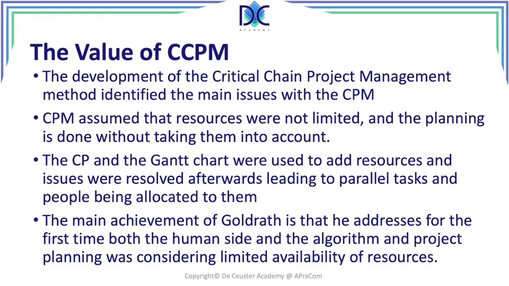The achievement of Goldratt is that for the first time he addresses both the human and the algorithmic side of project planning. And his approach is in fact considering that resources are limited, and we look at resources which are important for our project, and typically those resources are creating the issues on the projects.